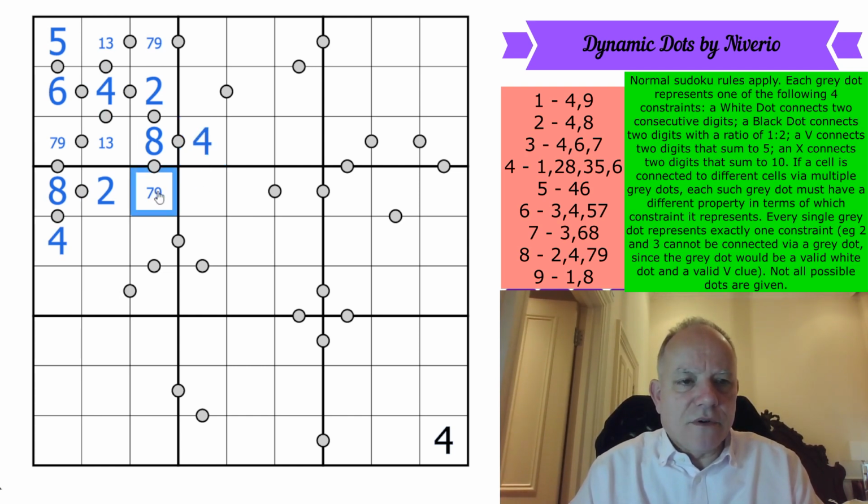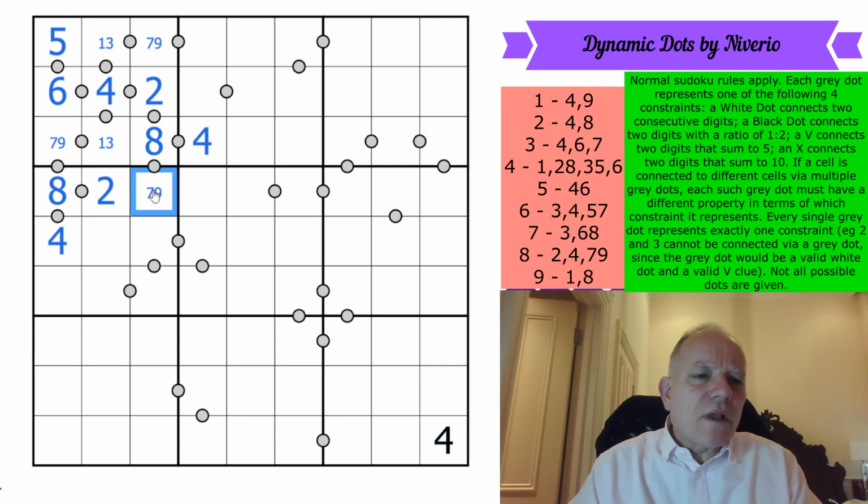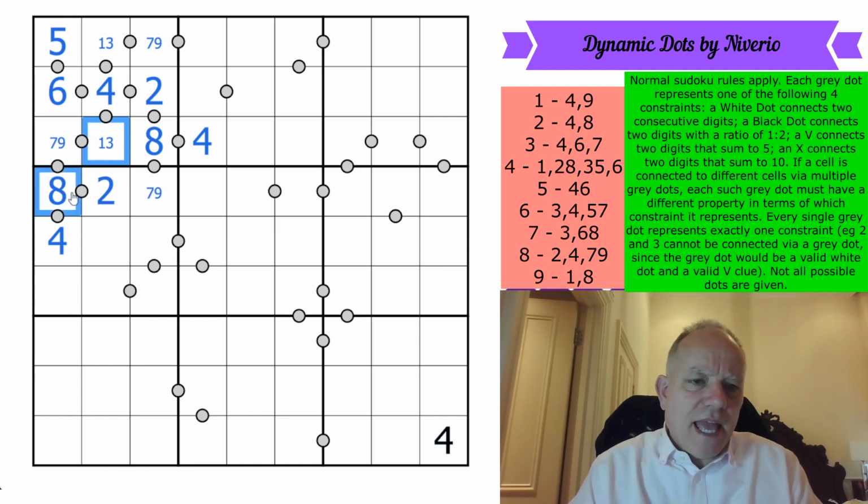And this is 7 or 9. Now I had a weird thought a moment ago, and I think this might be right. I was thinking that if you have a 3 here, you can never have a 3 here in a cell that's connected.